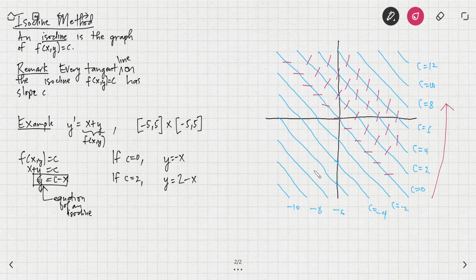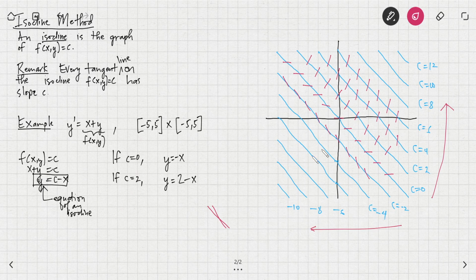How should the slope look like when c is equal to negative 2? Yung slope ng line na to ay negative 1. Ayan. So ito yung slope na negative 1. So it will look something like this. Ayan. So as you go in this direction, your tangent lines will also become steeper and steeper.